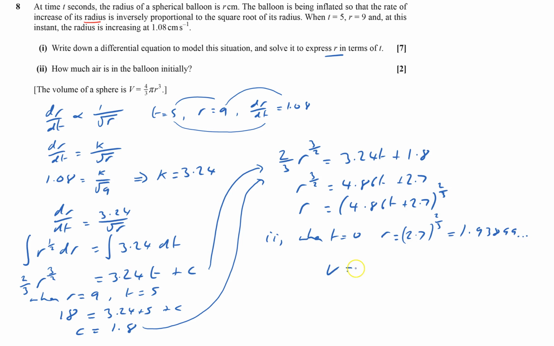And so the volume equals 4/3 times pi times that cubed, because that's my formula, the radius cubed, and that equals 30.53628, or 30.5 to 3 significant figures.